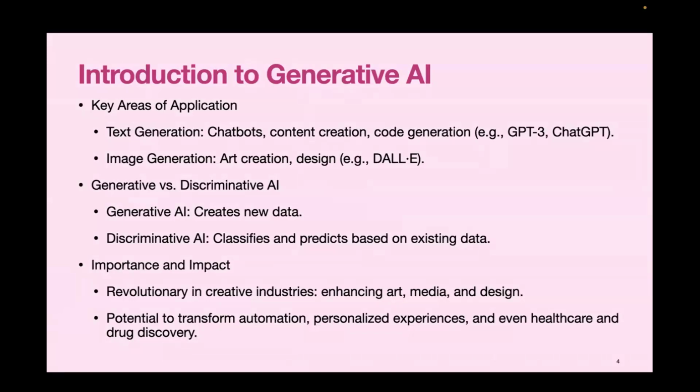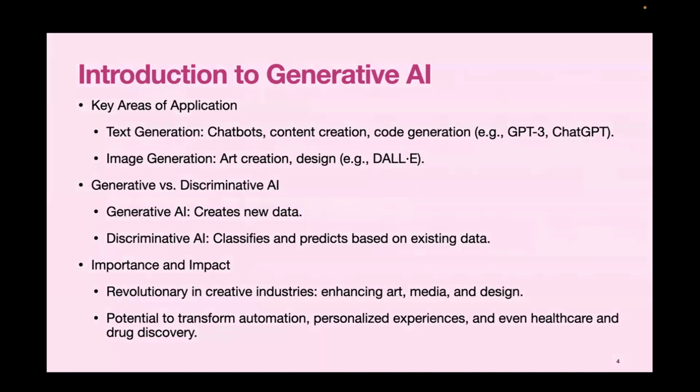Many models are there in the market. We have used multiple LLM models for text generation. And for image generation, one of the best models is DALL-E, and some of the Gemini models are also used for image generation.